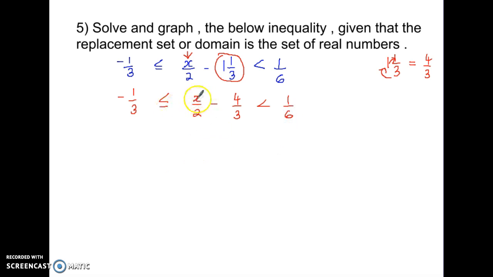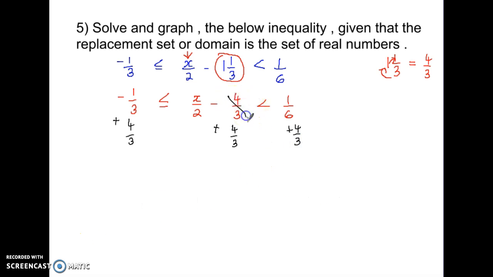Now we have to isolate the variable in the middle part of this inequality. We do that by cancelling the negative 4 over 3. So we add 4 over 3 throughout this inequality. Plus 4 over 3, plus 4 over 3, plus 4 over 3.